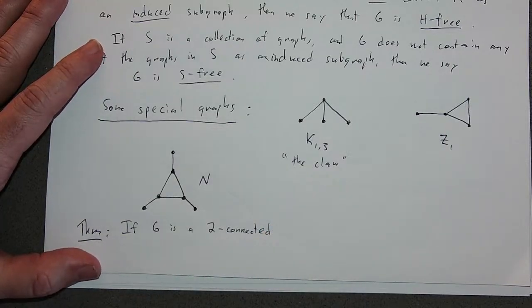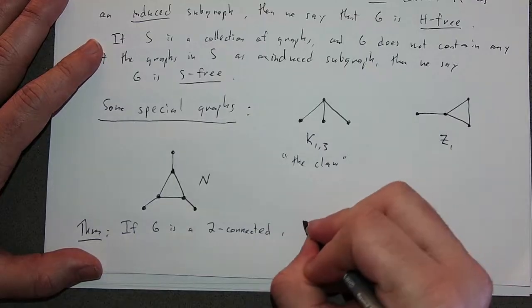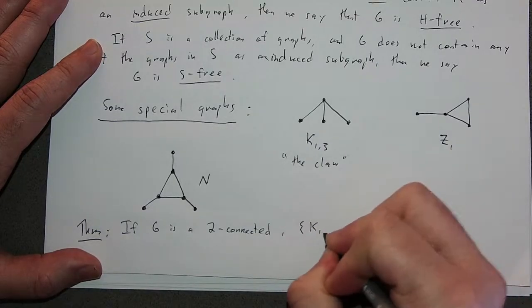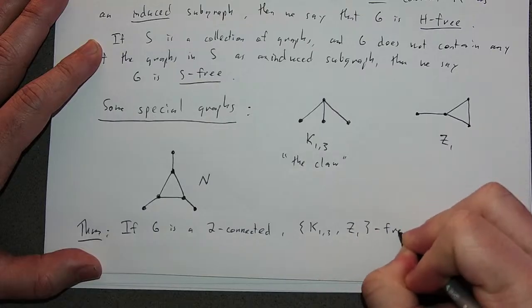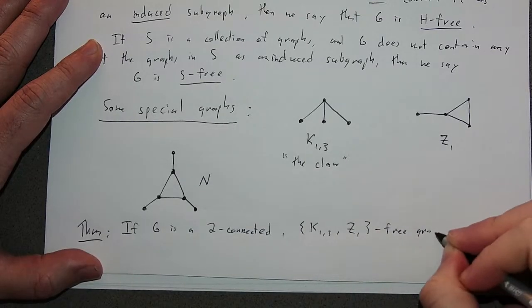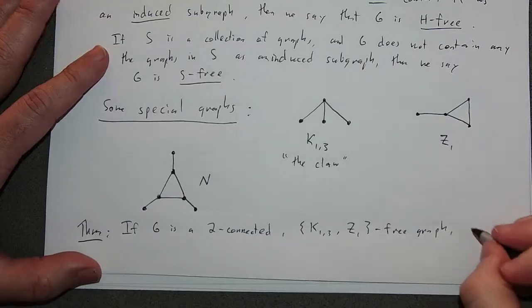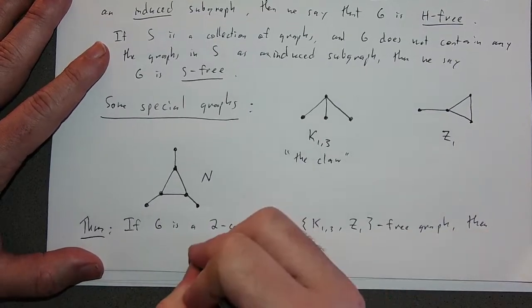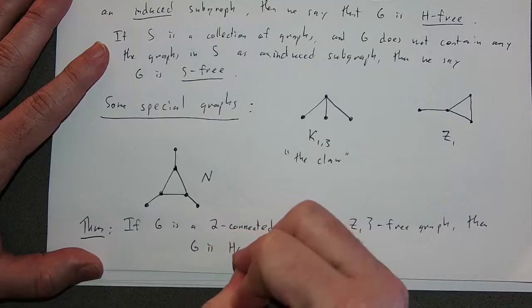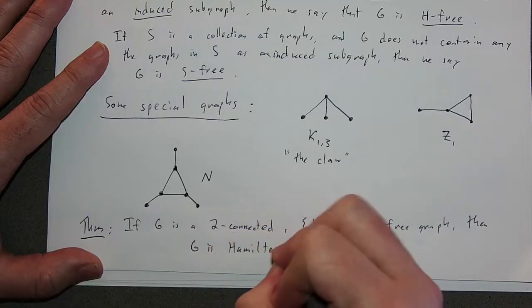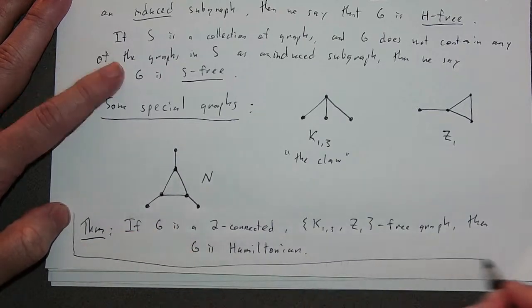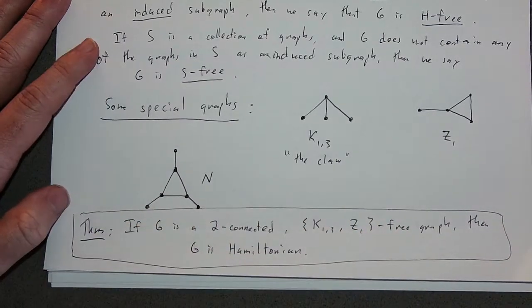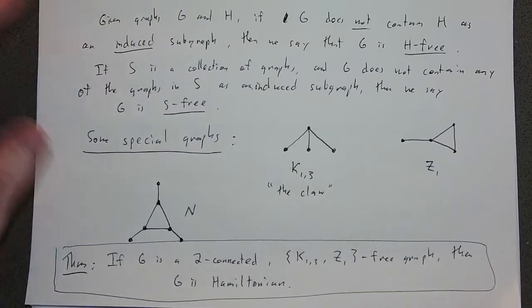Okay, so G is two-connected and claw-free and Z1 free. Then G is Hamiltonian.